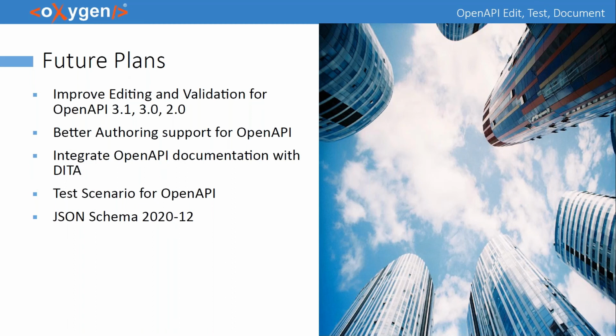Then we intend to provide better authoring support, for example, support to edit the markdown documentation that is added in OpenAPI documentation. We want to integrate the OpenAPI documentation with DITA.